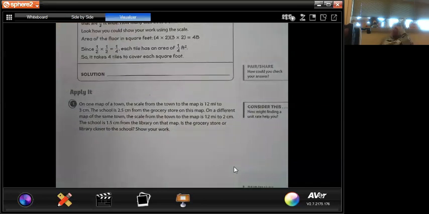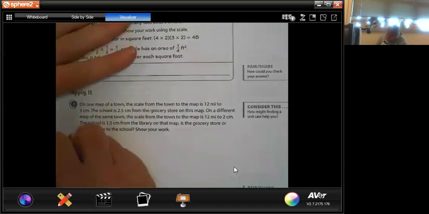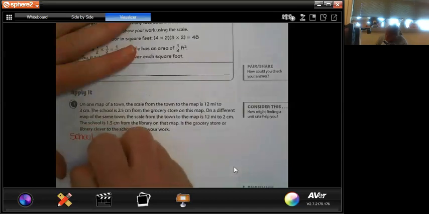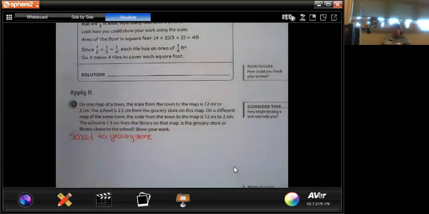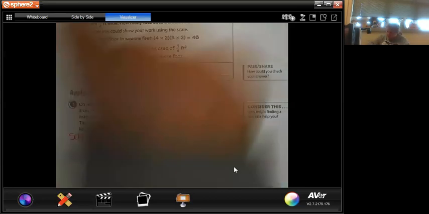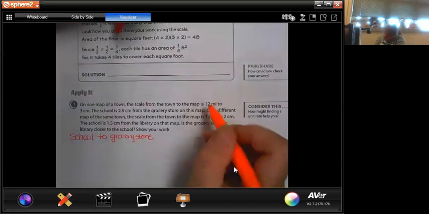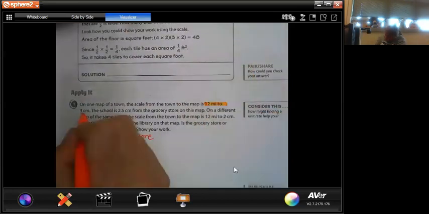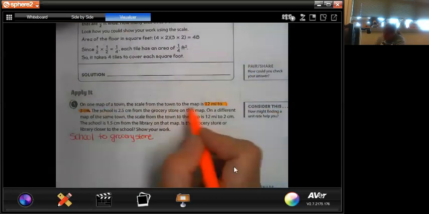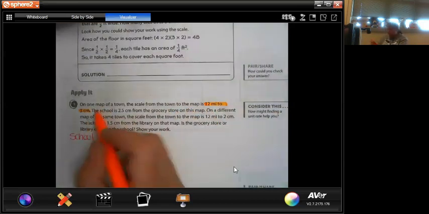Okay, so this is definitely a two-step kind of problem. The first thing that we have to do is find the distance from the school to the grocery store. There's a map from the town to the map, it's 12 miles to 3 centimeters, right?